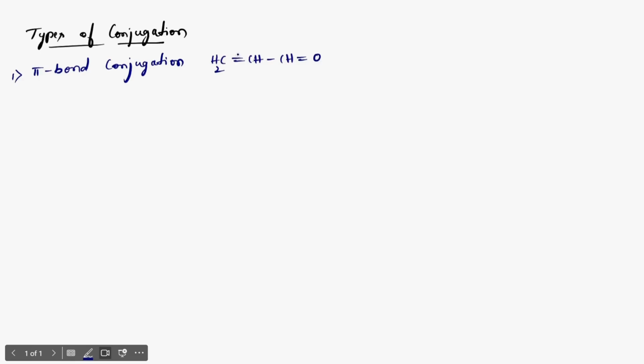So in this case, these pi electrons move here and this pi electron is shifted to oxygen. That can be written as CH2 single bond CH double bond CH single bond O. Here the electrons are moving away from this carbon atom so that this carbon atom will have a positive charge, and these pi electrons are moving towards oxygen so that oxygen will have a negative charge.